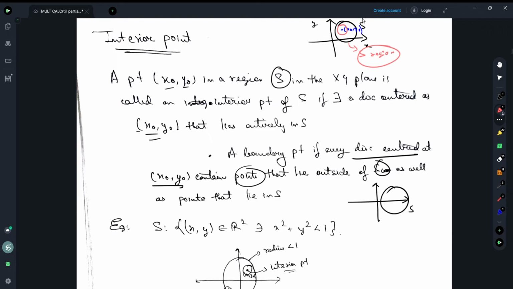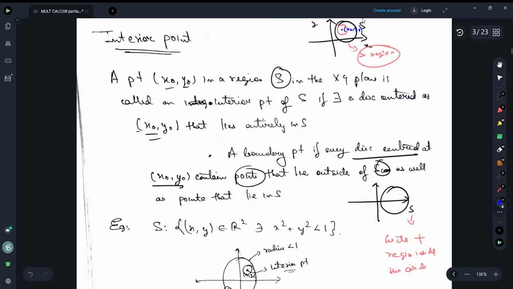Suppose this is a proper disk which we have in real life. Or let us just consider S is basically a circle plus the region inside the circle. So this is basically the circumference of the circle which exists in the real plane.